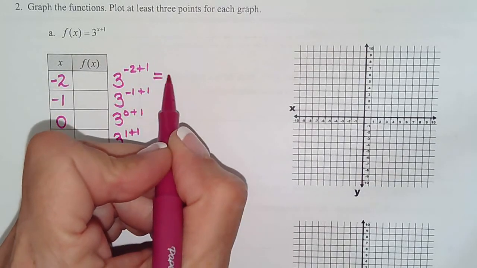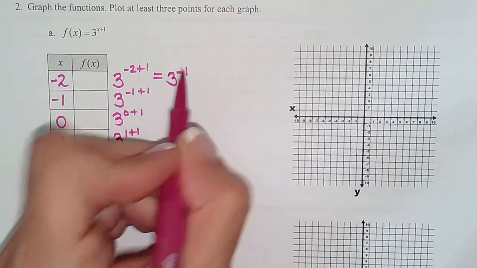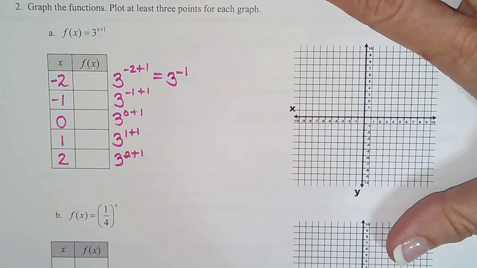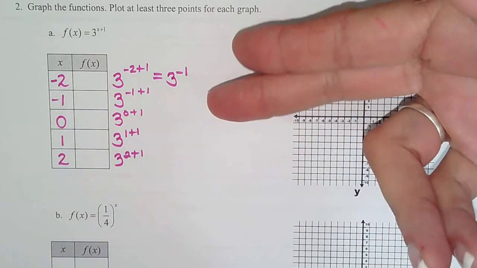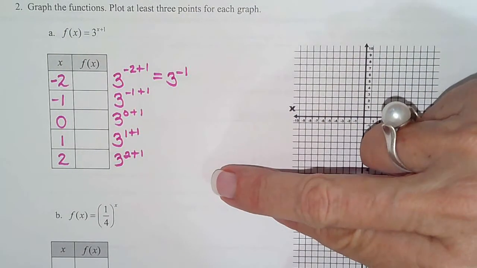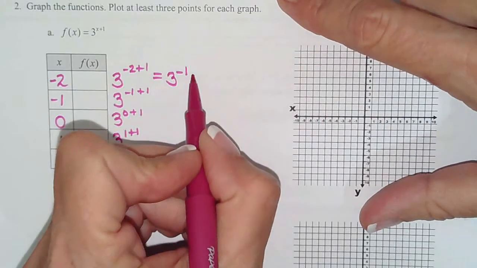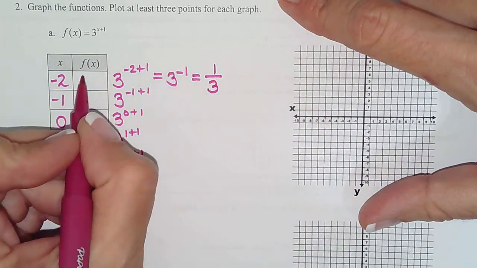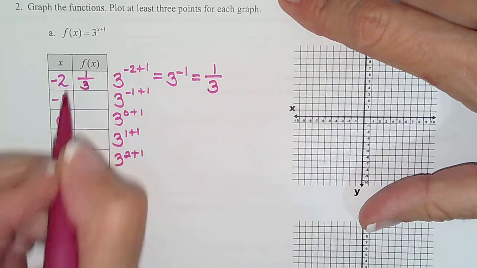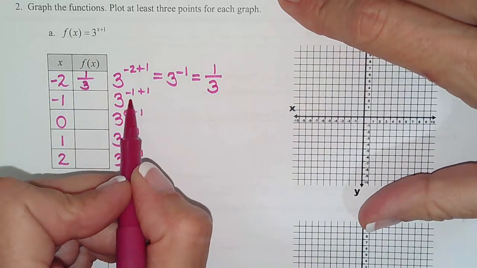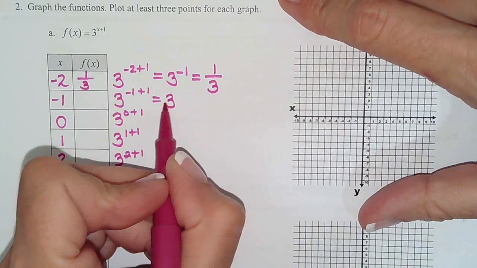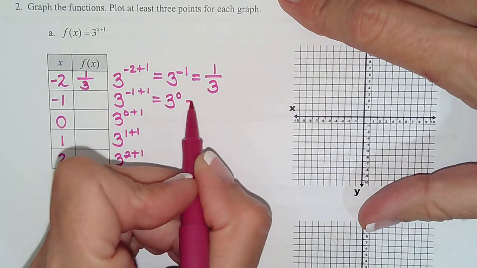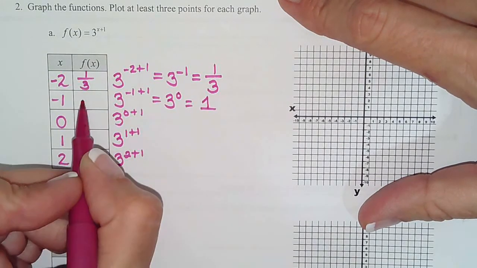So this is 3 to the -1. Do you guys remember what that is from chapter 4? Remember how you have to reciprocate it in order to make the exponent positive? So it turns into 1 over 3 to the +1, which would be 1/3. 3 to the 0th: in chapter 4, we learned anything to the 0th power is 1.